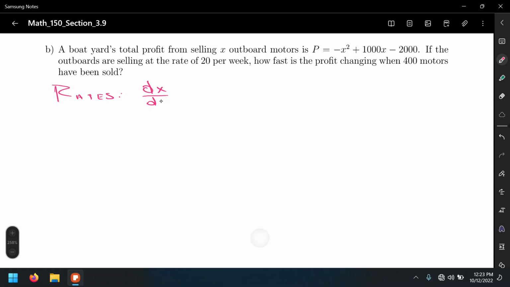That is 20 per week. And also the other rate will be the change in the profit with respect to time. And in this case, that's the one that we don't know. All right? So we need to calculate that one.